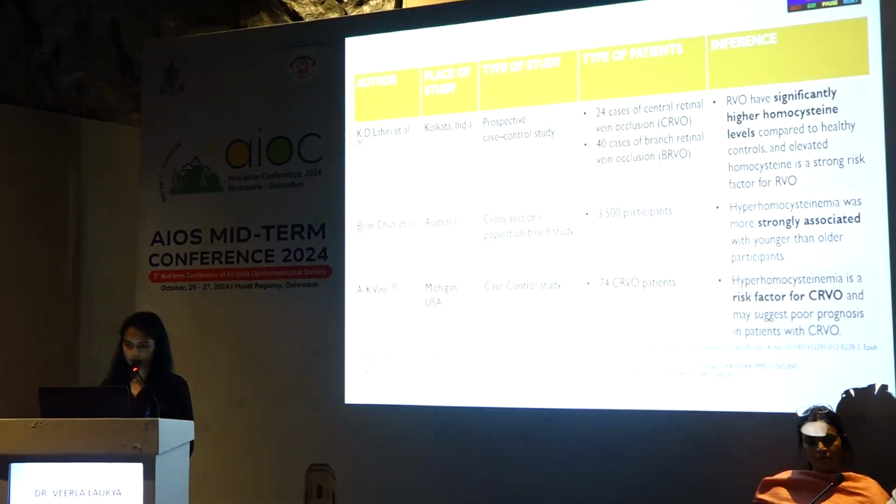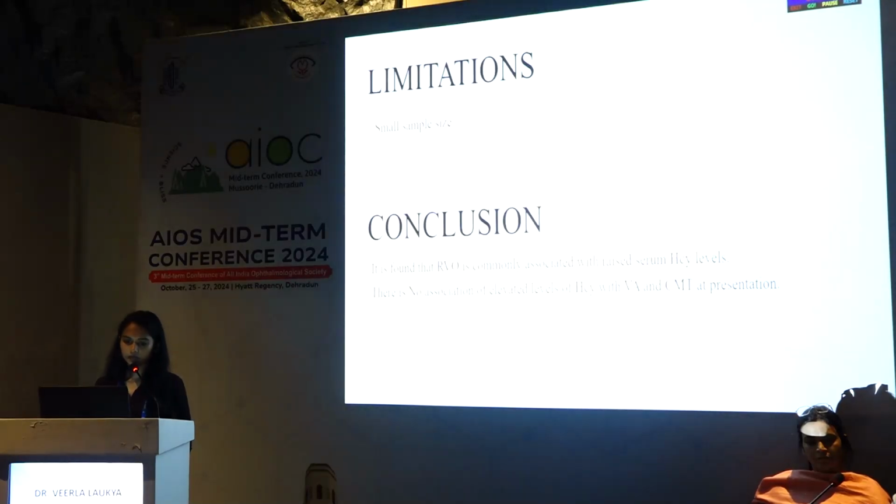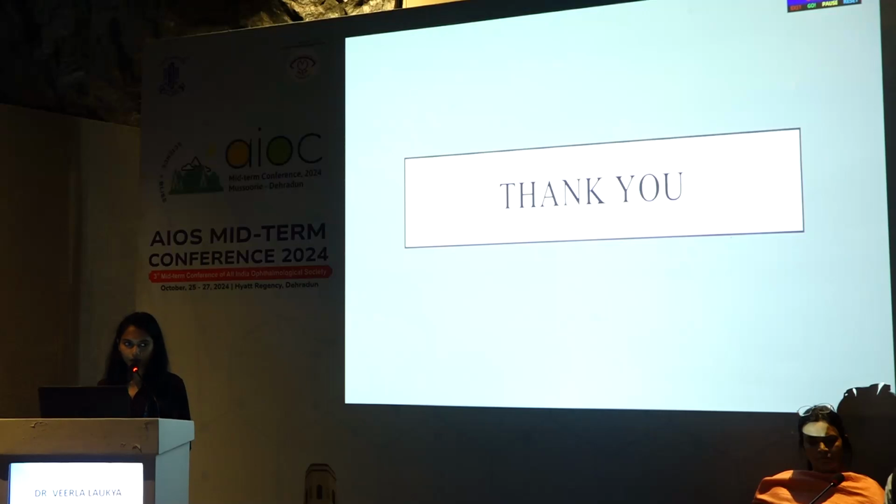These are the studies. The conclusion is that retinal vein occlusion is commonly associated with raised homocysteine levels, but there is no association of elevated homocysteine levels with visual acuity and central macular thickness at presentation. Thank you.